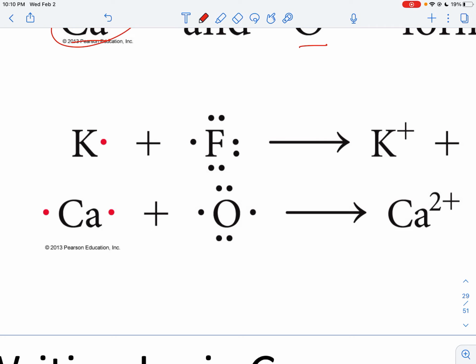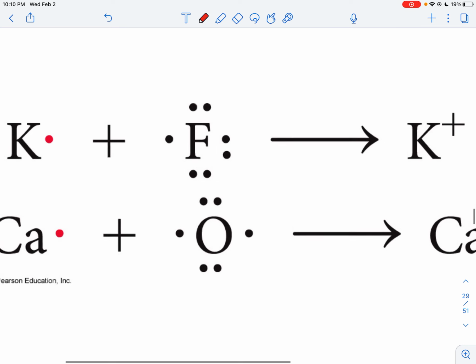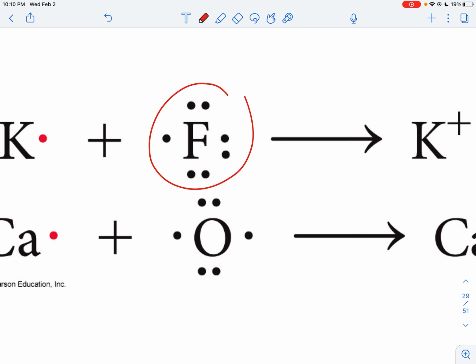So potassium is main group 1, and you see its one red valence electron, one red dot on potassium, on K. And then fluorine is main group 7, and so because of that you see 7 dots around fluorine right here. And remember, everybody wants a full 8 in their valence shell, a full 8 electrons.